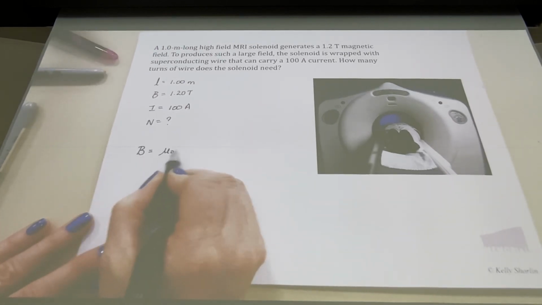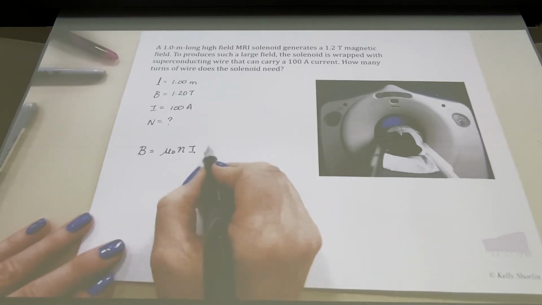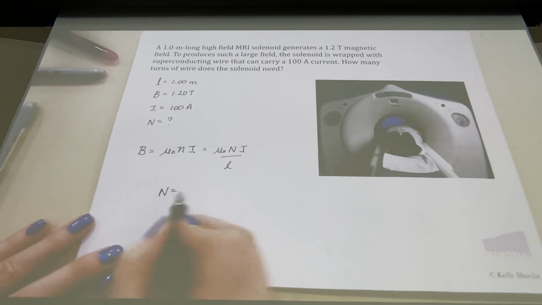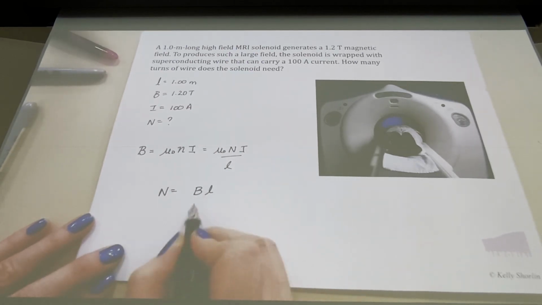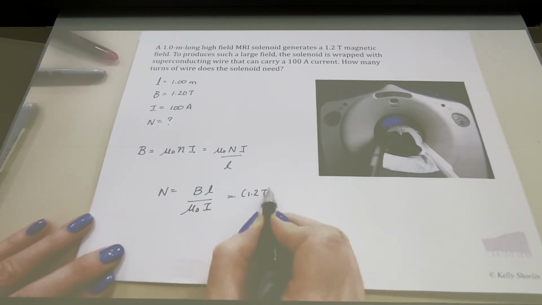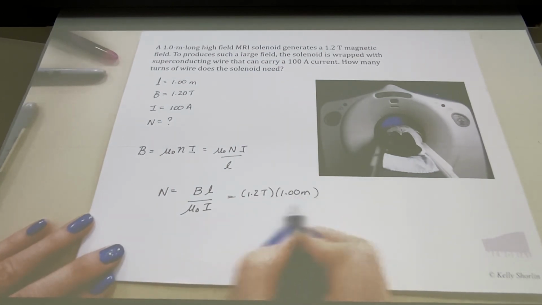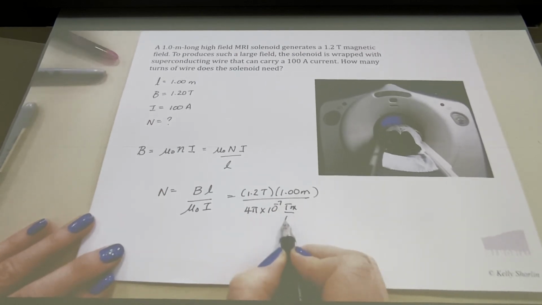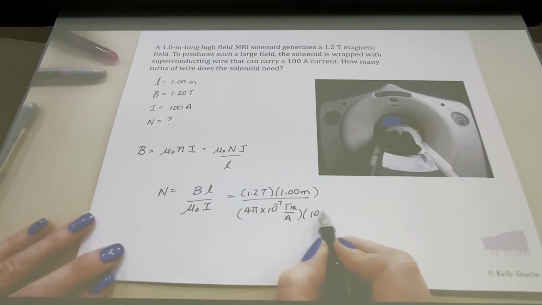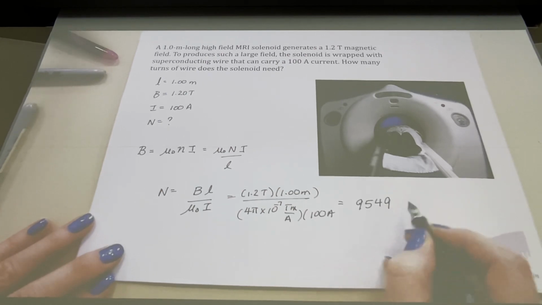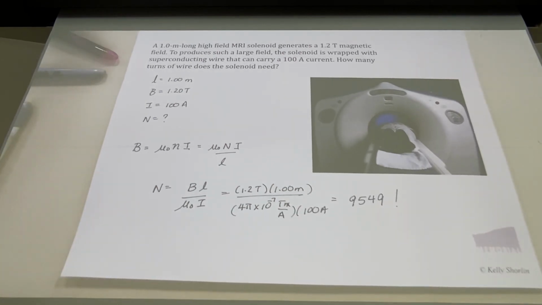So B is mu naught times N times I over L. So N is going to be the magnetic field times the length divided by mu naught times I. So about 9,500 coils.